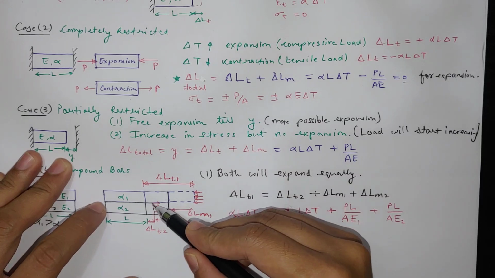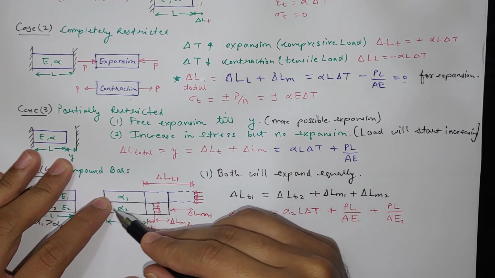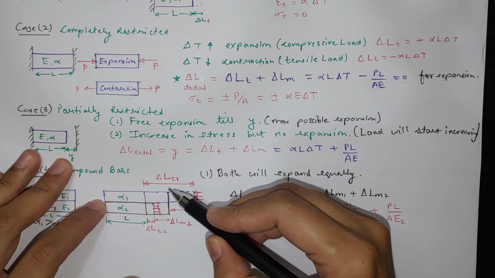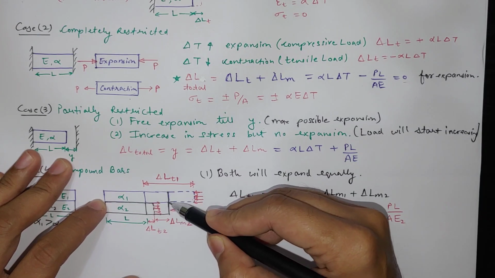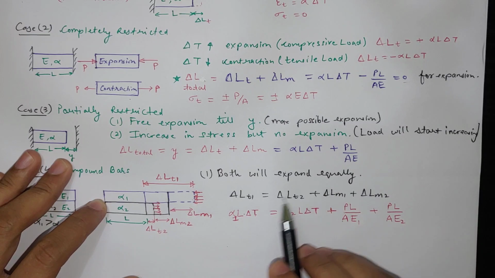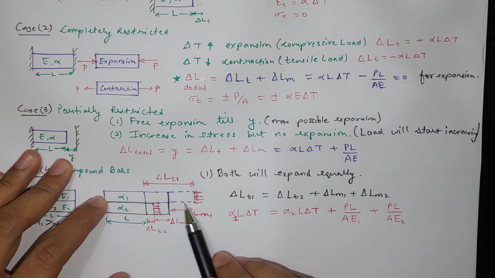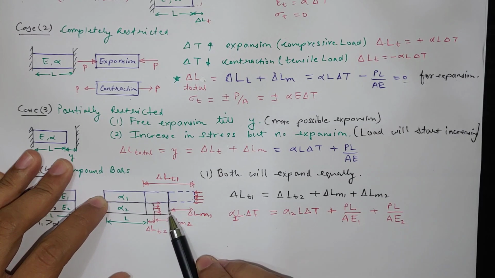Black color will expand till here if they are expanded separately, but both are joined together. That's why they both will expand up to this point. So both will expand equally. The blue was supposed to expand up to this point, but the black will pull it till this point.